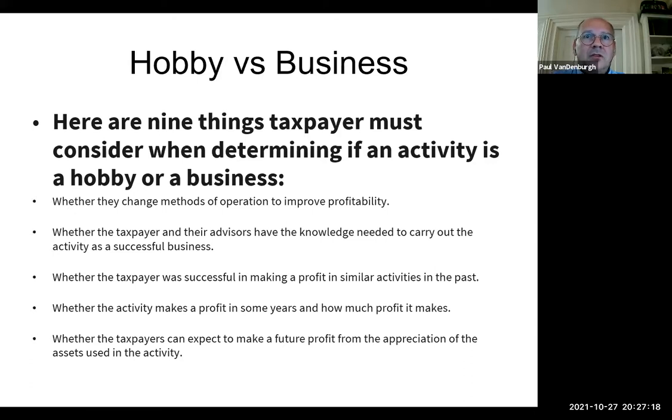Whether the taxpayer and their advisors have the knowledge needed to carry out the activity of a successful business, whether the taxpayer was successful in making a profit in a similar activity in the past. Does it have a life? Is it even possible?